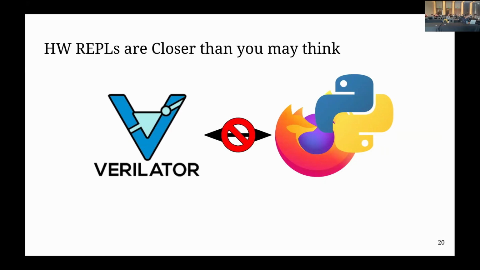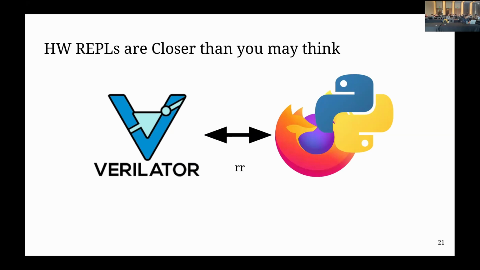And it turns out if you just use the tools we already made for software, you're pretty close to hardware REPLs for at least debugging already. And you can even do time travel with RR, which gets you very low overheads on just being able to collect everything.